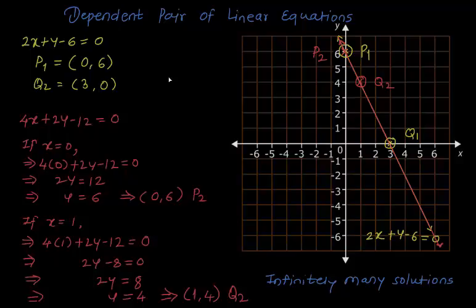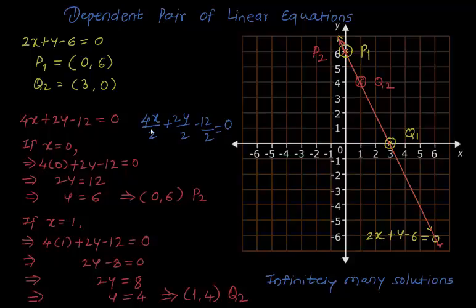Now why do these two linear equations have infinite solutions? If you see the second equation 4x plus 2y minus 12 is equal to 0, and if you divide both sides by 2, what do we get? 4x will be divided by 2 plus 2y will be divided by 2 minus 12 will be divided by 2 is equal to 0.